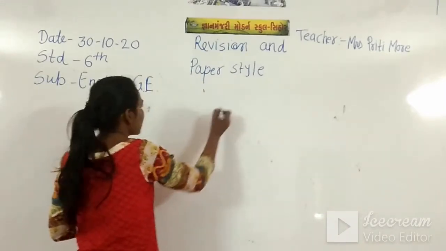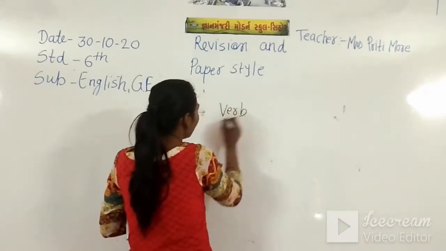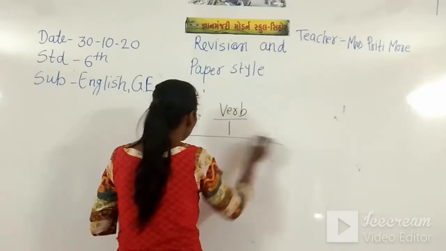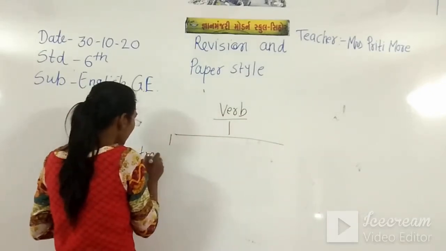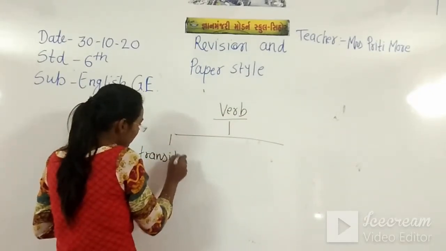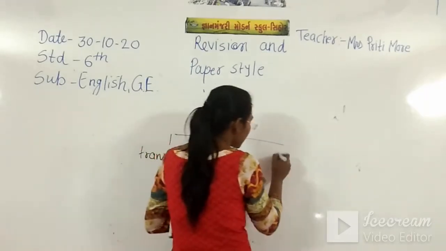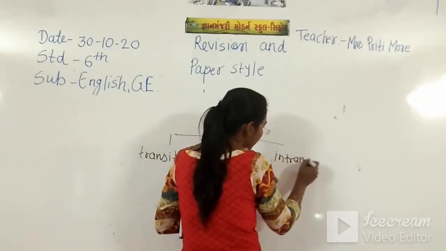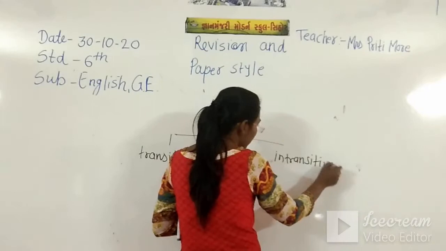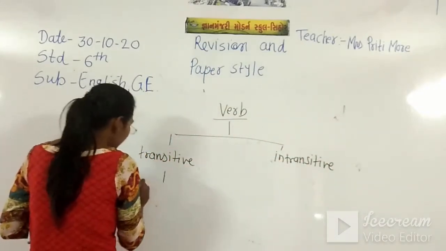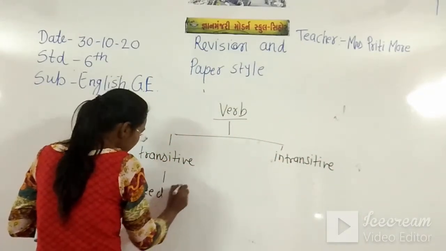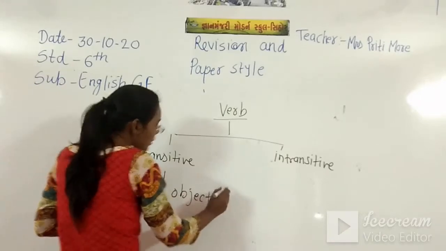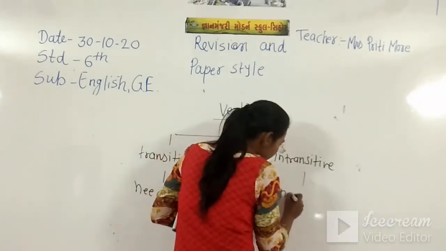For example, here I write verb, and verb has two types. One is transitive and this is intransitive. So here need object, no need of object.